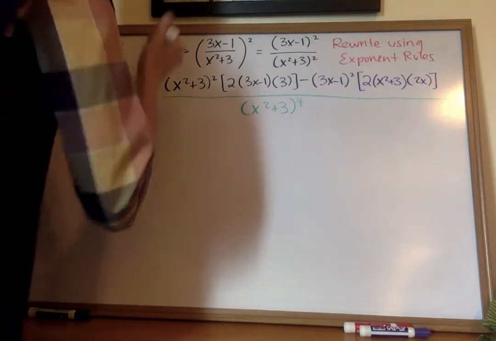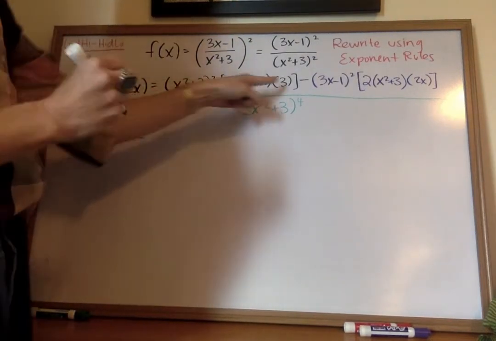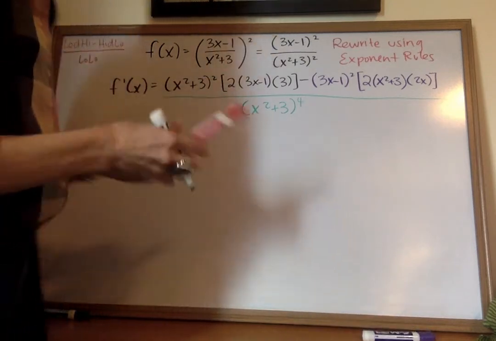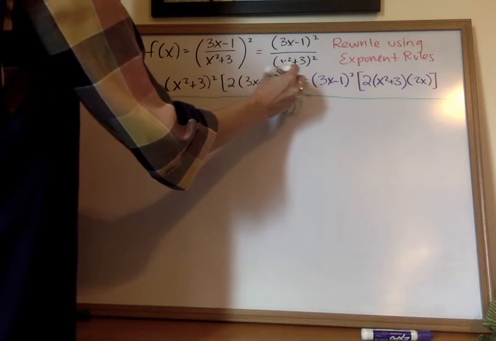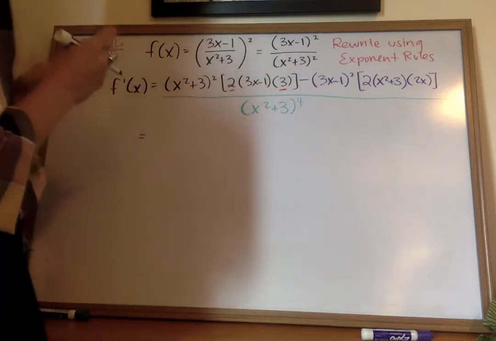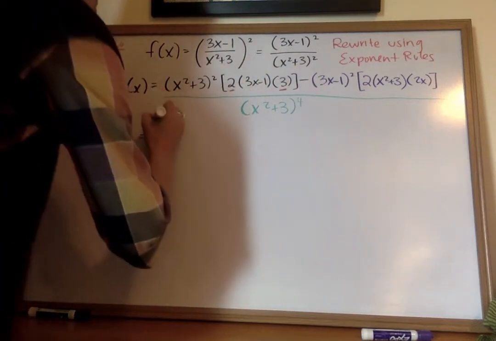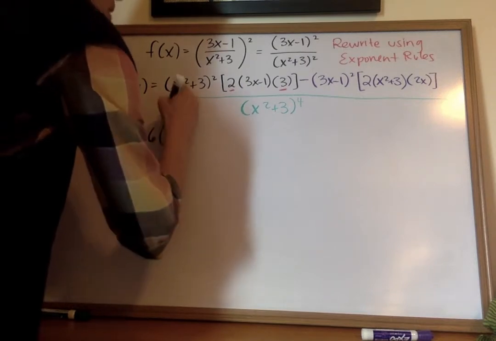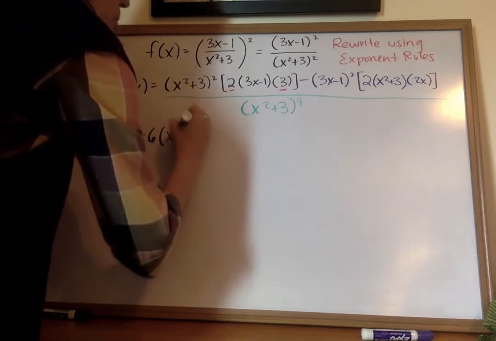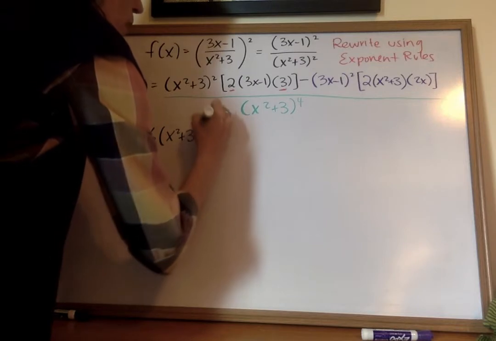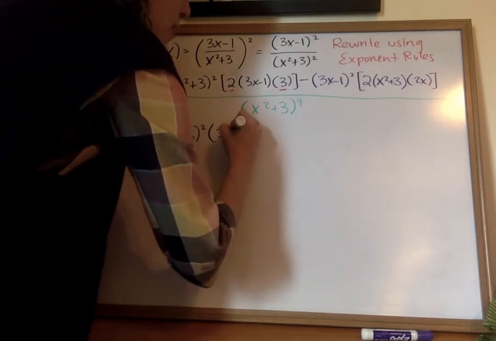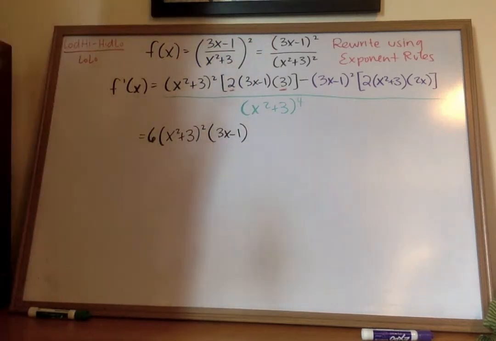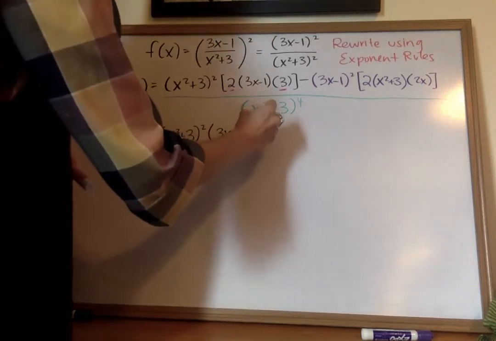So in the first part of my numerator, which I've written in black here, I'm going to start pulling together what I can, and I can multiply the 3 and the 2 to get 6. So I'm going to have 6 times (x squared plus 3) squared. That just comes down unchanged. And so does 3x minus 1.